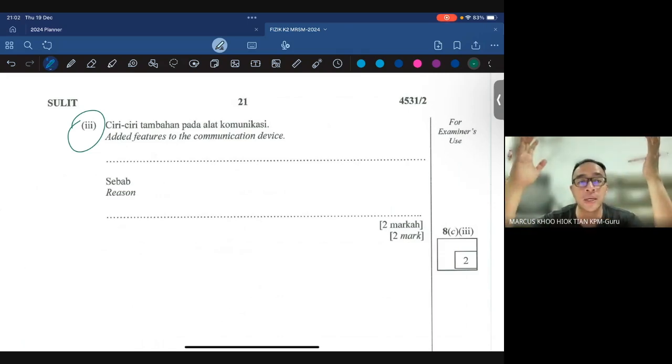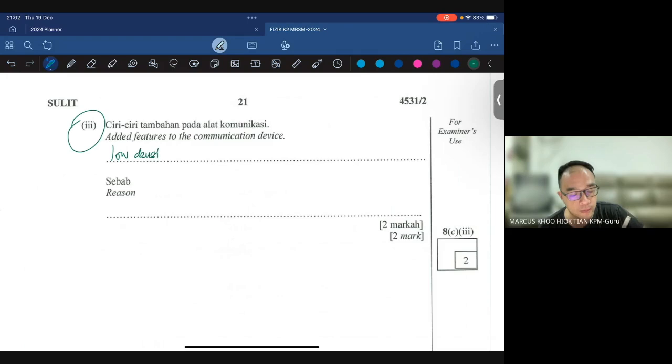You can say the standard one is low density. Or another one is, okay, fine. You know what? Let me just give it to you. I take it from the marking scheme. Okay, waterproof.